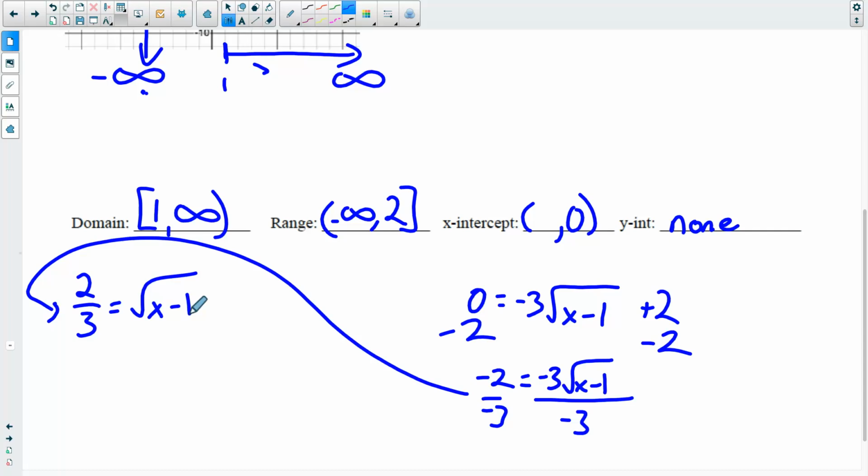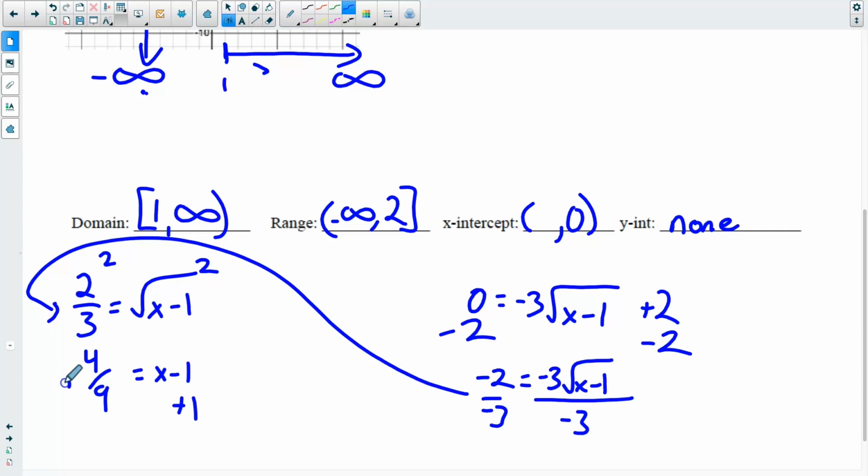Now, square both sides. Now when I square both sides, I get x minus 1. This is going to be 4/9. I square the top and the bottom. So your last step is to add 1.